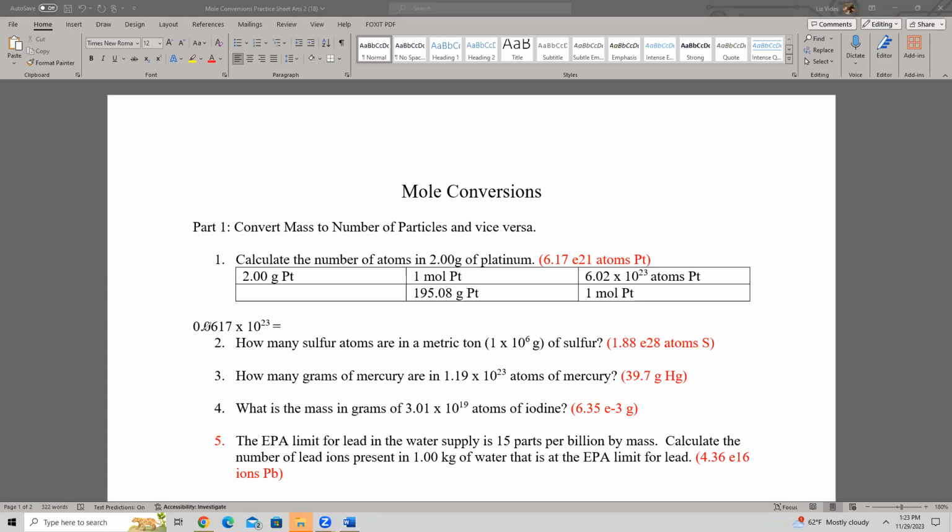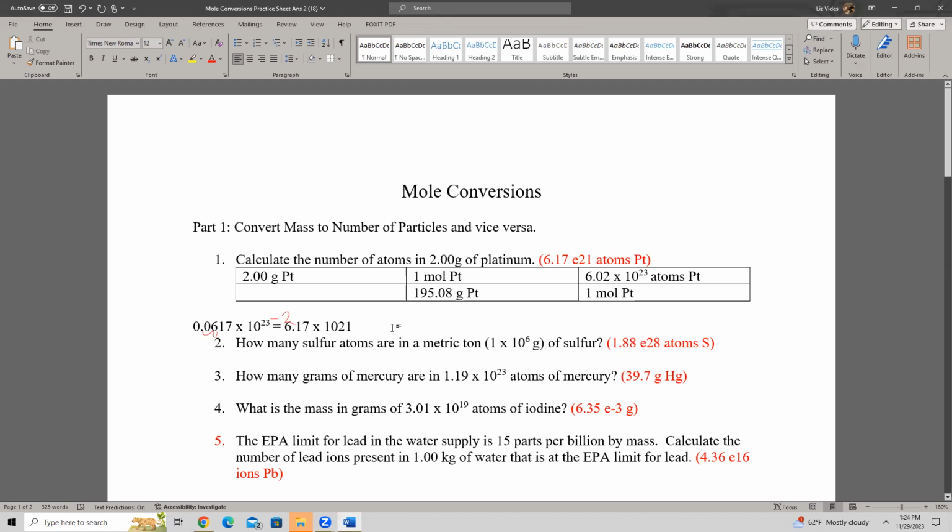Okay, so we're increasing it by 2. So we need to decrease this one by 2, which gives us 6.17 times 10 to the 21.